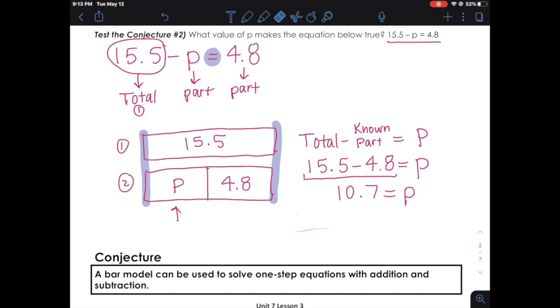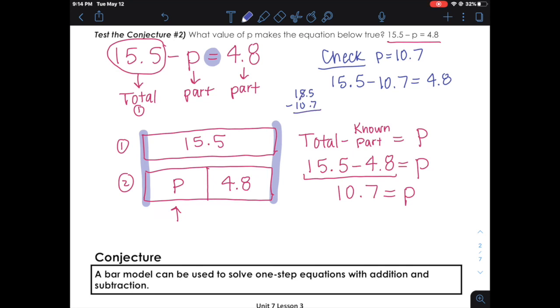We can check our work by plugging it into the original expression where P equals 10.7. I'm actually going to do that up here. Let's switch colors. So we have 15.5 minus P, which is 10.7, and that should give us 4.8. So let's subtract 15.5 minus 10.7.